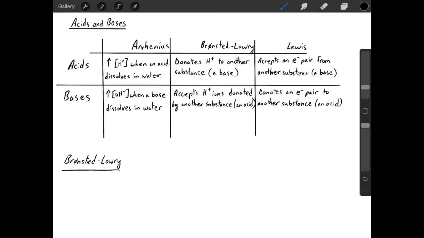And even something as simple as adding acid to water will cause a reaction. So anything that is a Bronsted-Lowry acid is also effectively an Arrhenius acid. This reaction, where you add HCl to water, produces H3O+ and Cl-.